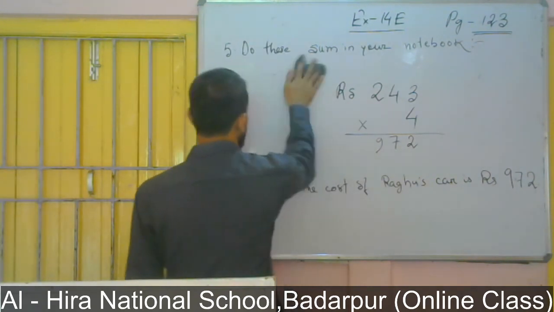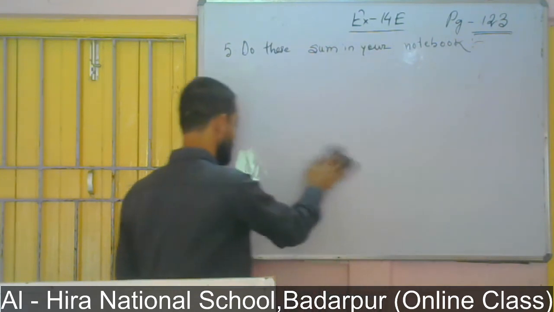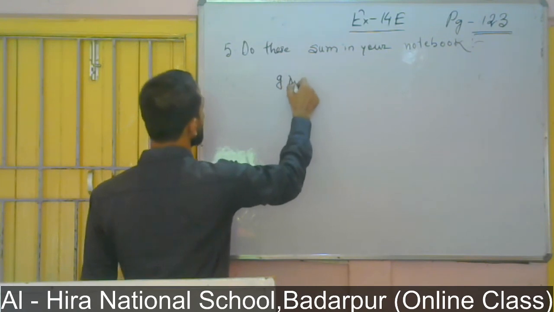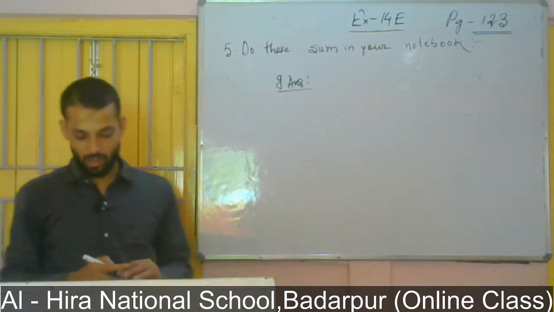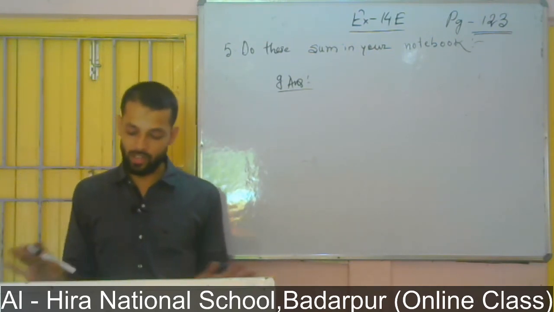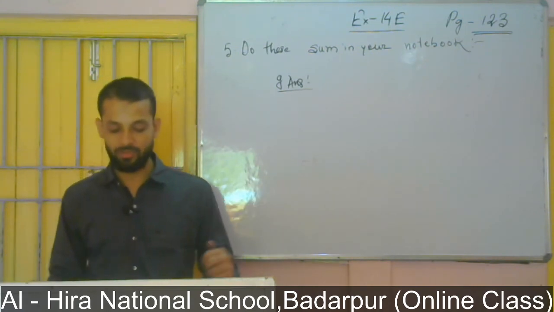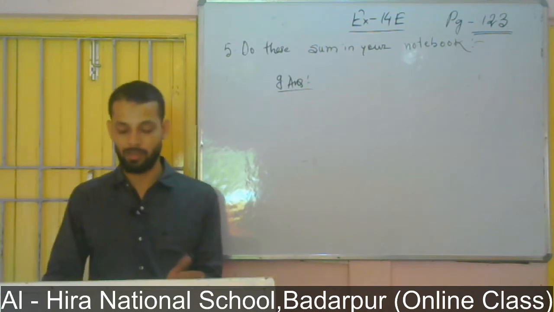Now we are moving towards question number G. Question number G is about a group of children, the number not given. It is not said whether 4 children, 5 children or 10 children. Simply said a group of children. It may be 10, it may be 20, it may be 4, it may be 3.